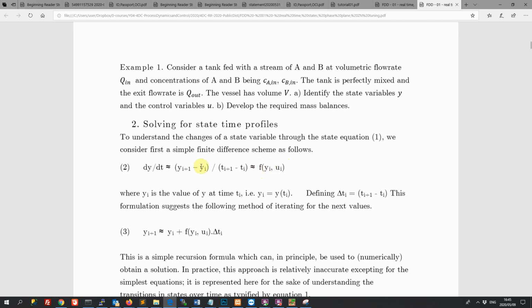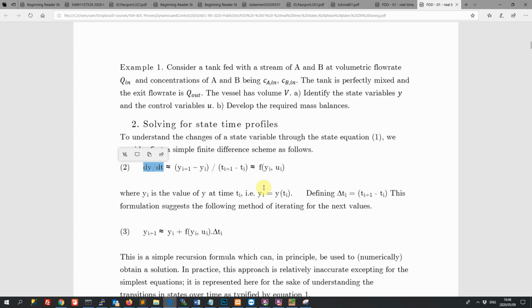So we are saying that the gradient applies over a range between i and i plus 1. In other words, the average gradient over that time range is approximately equal to the value of the function at one of those values.